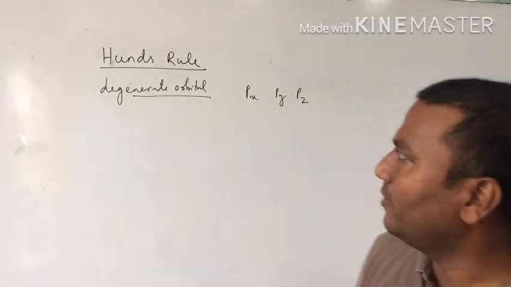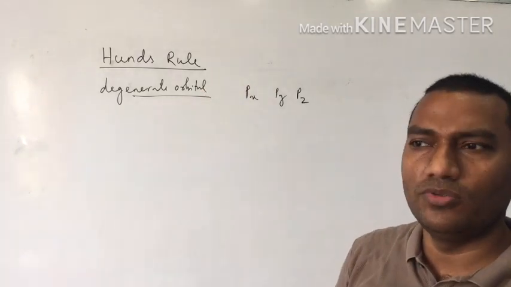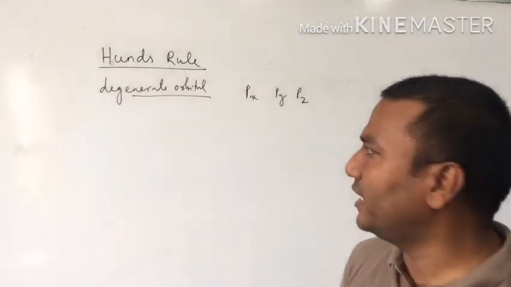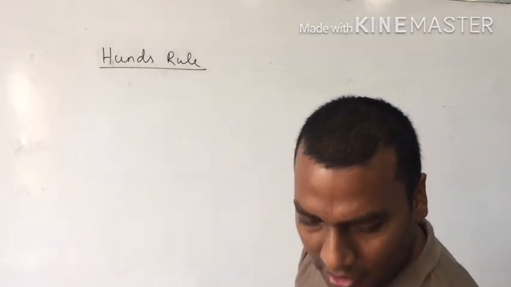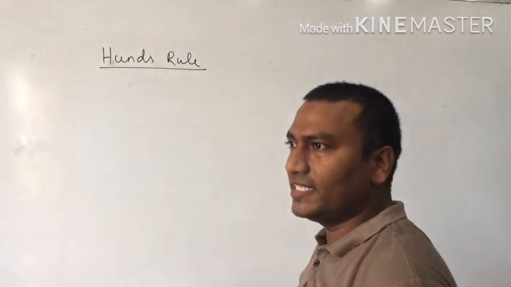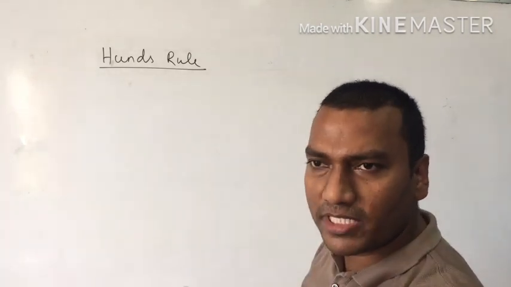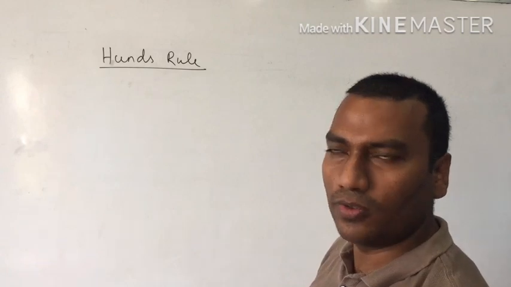Clear? So when you are writing Hund's rule, first we will check the electronic configuration. When we write electronic configuration, we follow all 3 rules: the Aufbau principle, Pauli's exclusion principle, and Hund's rule.